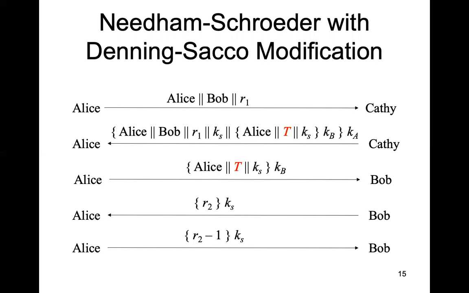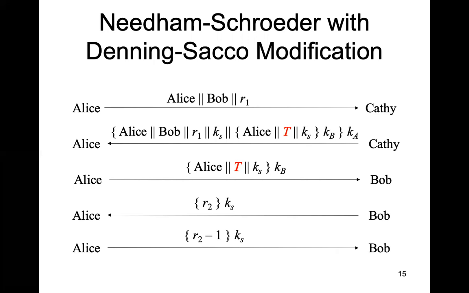Now Alice sends that over to Bob, and now Bob and Alice are only going to use this session key KS until this timestamp expires. Okay, so it could be some date in the future, or maybe a few hours into the future, a period for which Kathy has determined that it is safe to use the session key. After this, new session keys must be used. Okay, and the rest of the protocol is the same.